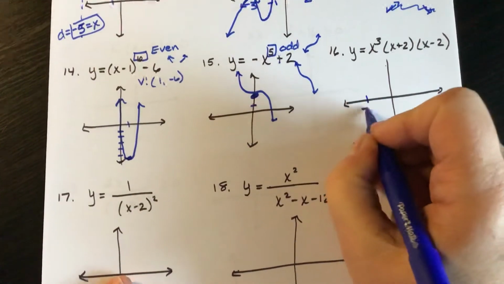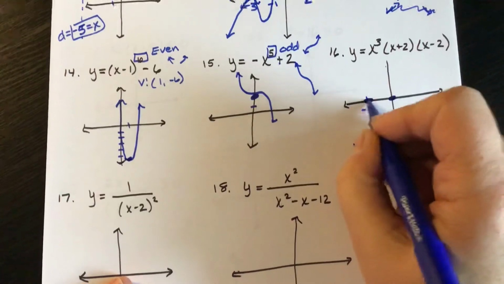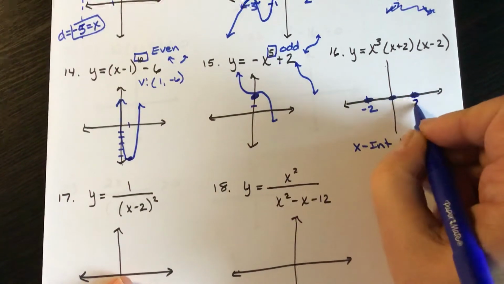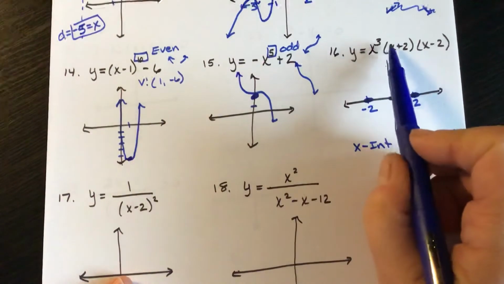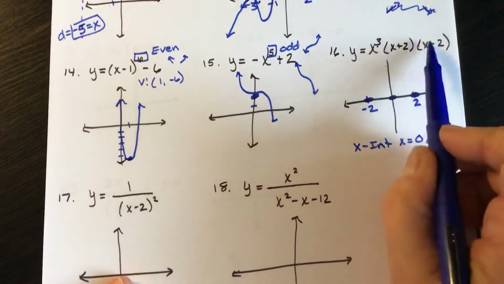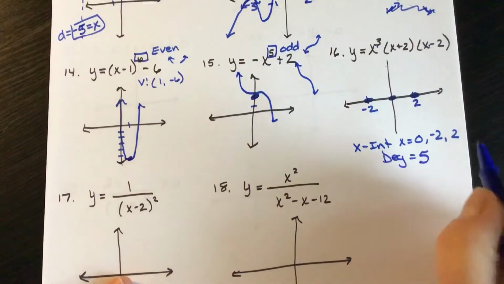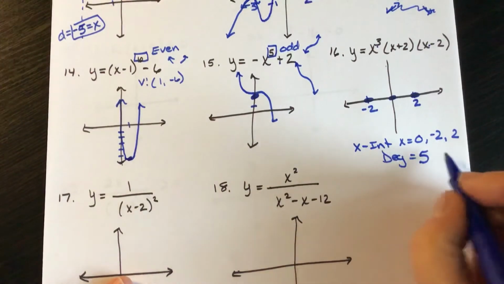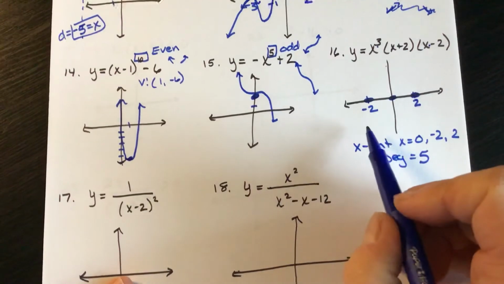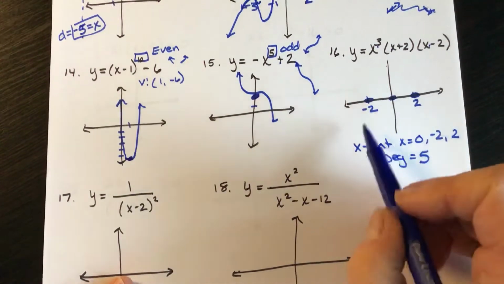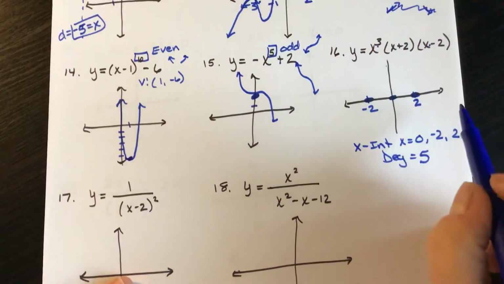So here's -2, here's 0, and here's +2. Now, this is a degree of 3, 4, 5. So this is going to be an odd function. So I'm going to have my arrows going in different directions.